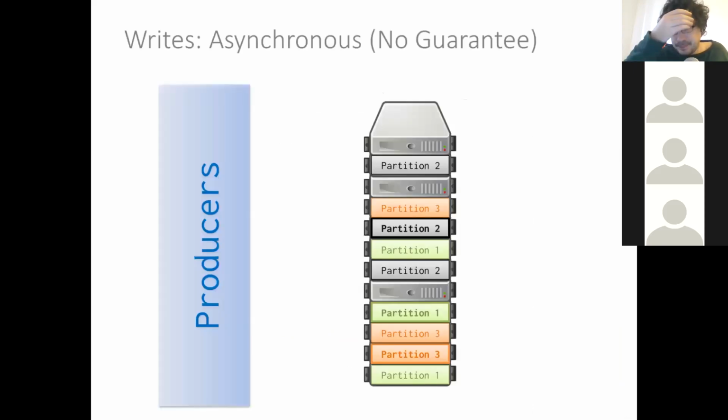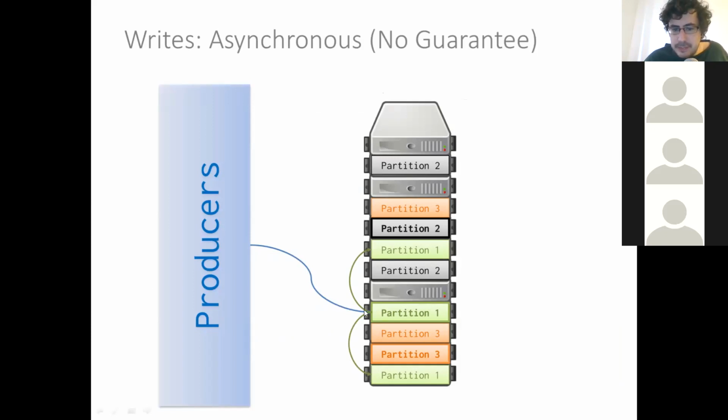In terms of the write guarantees, we can have different types of guarantees. The first type of guarantee is called asynchronous, or no guarantee. Essentially, the producer will just send whatever data, let's say it's going to partition 1.